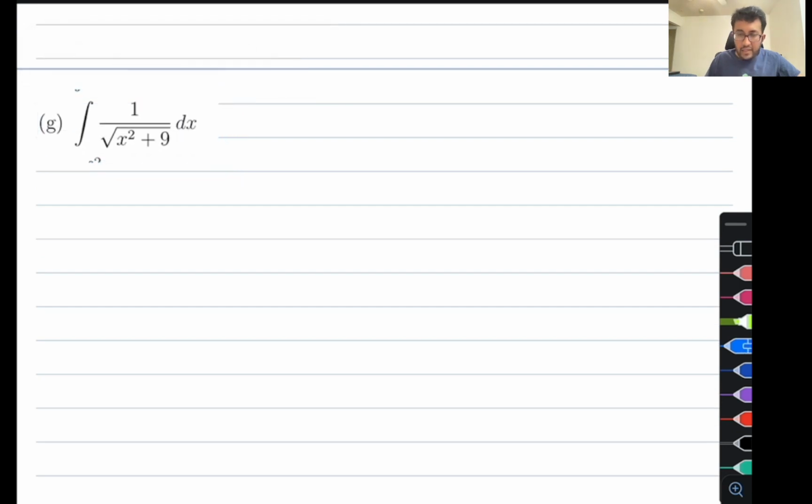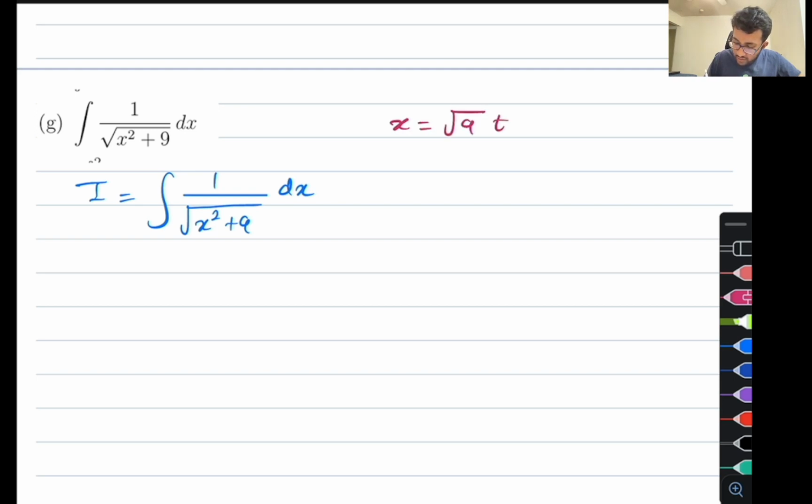Okay, again I will call this integral I, equal to the integral of 1 divided by x squared plus 9 dx, right? So what is the suitable substitution in this case? It should be x equals square root of 9 tangent theta, which is equal to 3 tan theta, right?